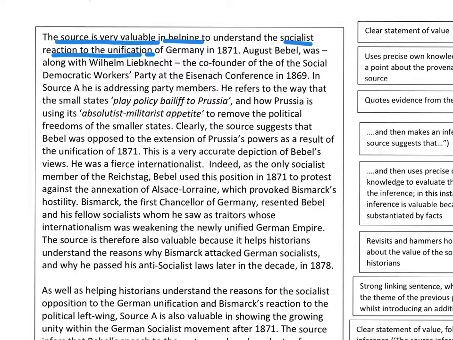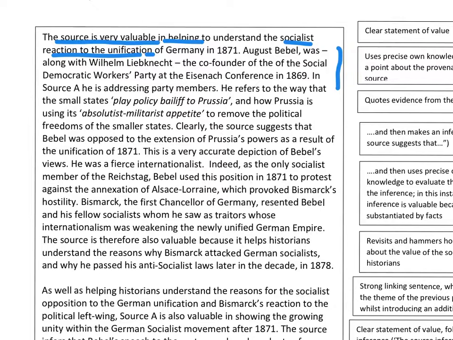Now the next bit is useful. August Bebel was, along with Wilhelm Liebknecht, the co-founder of the Social Democratic Workers' Party at the Eisenach Conference in 1869. Now notice how there you're developing a point about the provenance of the source. You're told in the question that the source was written by August Bebel, and you're clearly told that he was a socialist.